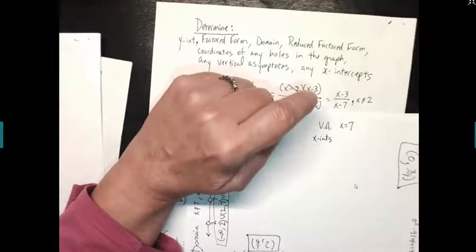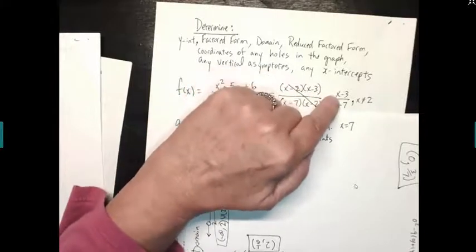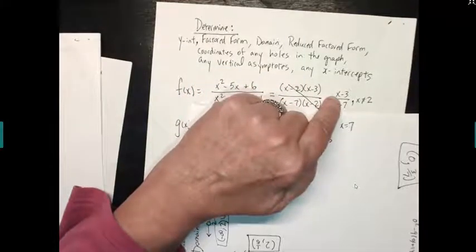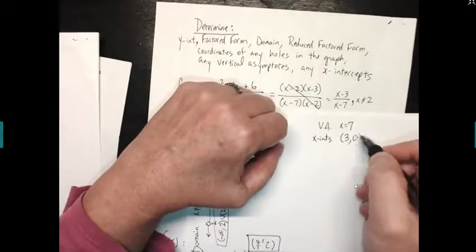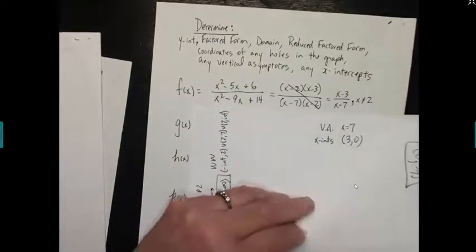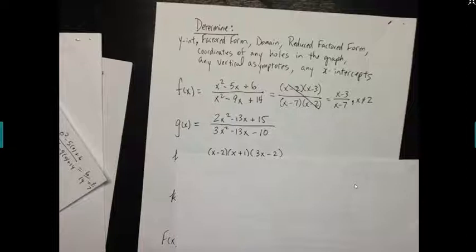Well, we look at any zeros of the numerator, and there is one. 3 is a 0 of the numerator. It'll make it 0. So you have to look at that after cancellation. And I have one x-intercept, (3, 0). So that's the one for the first one, F. Let's look at this next one.